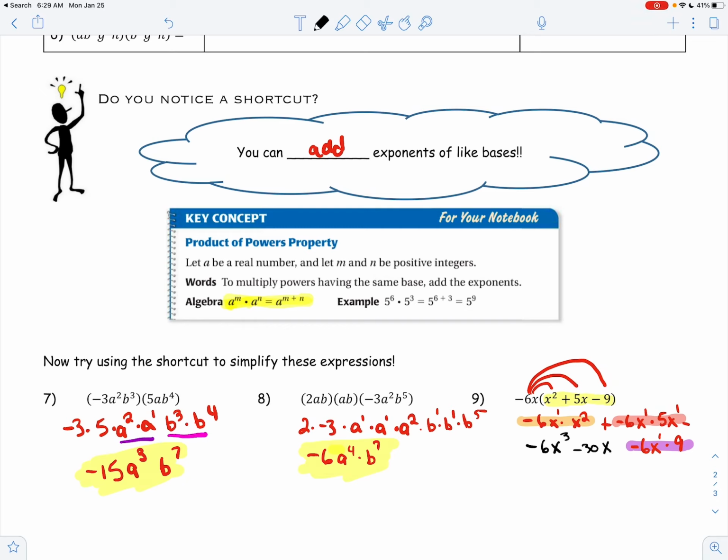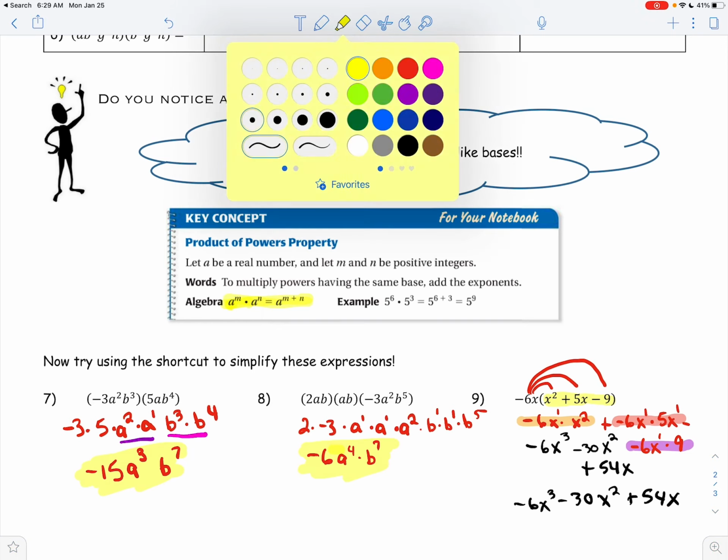So it becomes minus 30x. And then 1 plus 1 is 2. So x squared. And then plus 6 times 9 is 54. And then just x. So this is our final answer. Negative 6x cubed minus 30x squared plus 54x.